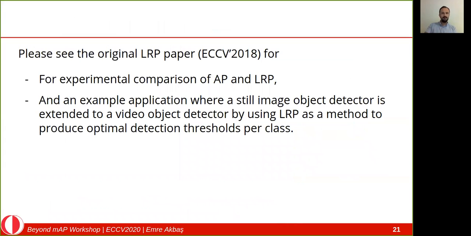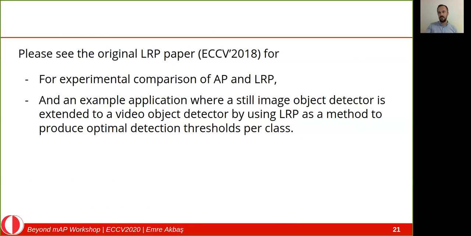For other results and for more experimental comparison of AP and LRP, I refer the listeners to our original paper from ECCV 2018. There is also an example application where a still image object detector is extended to a video object detector by using LRP as a method to produce optimal detection thresholds per class.